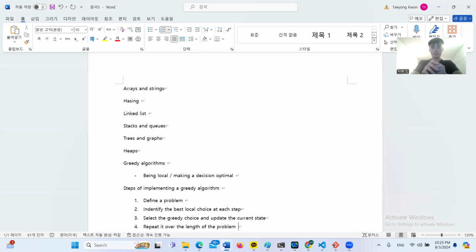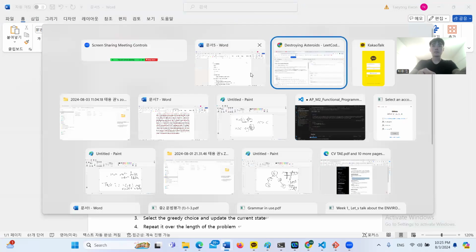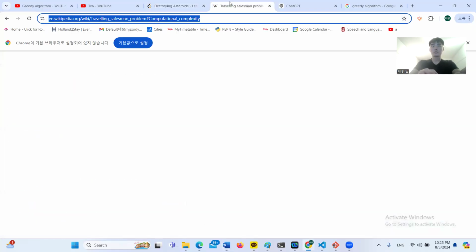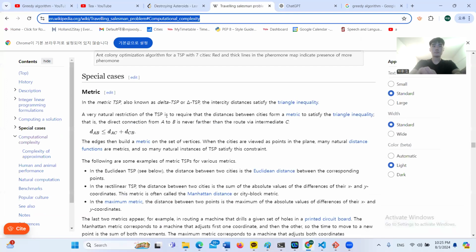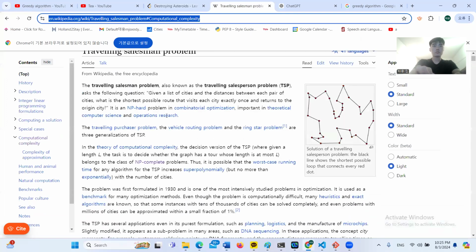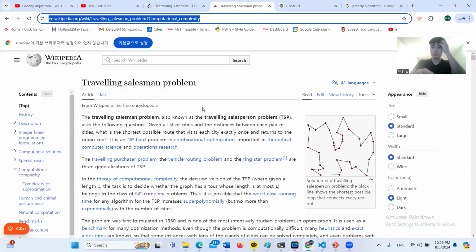That's what I've told. There are lots of different cases where greedy algorithms are used. Dijkstra's algorithm also employs a greedy algorithm. The knapsack problem, those are very famous algorithms and problems. I'm pretty sure you guys have also heard about the traveling salesman problem.